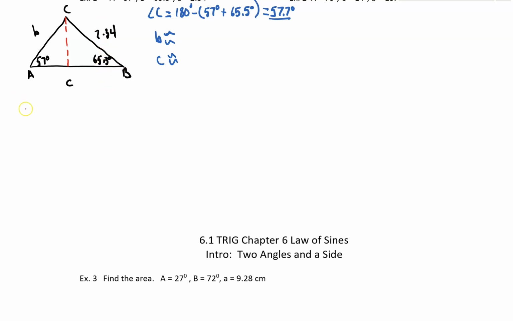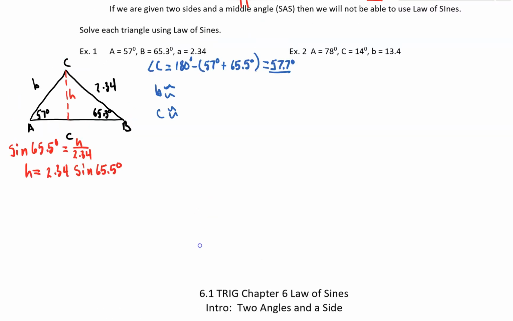So I'm looking for the h. Opposite over hypotenuse, so sine of 65.5 degrees is equal to h over 2.34. That means h is going to equal 2.34 times sine of 65.5 degrees.